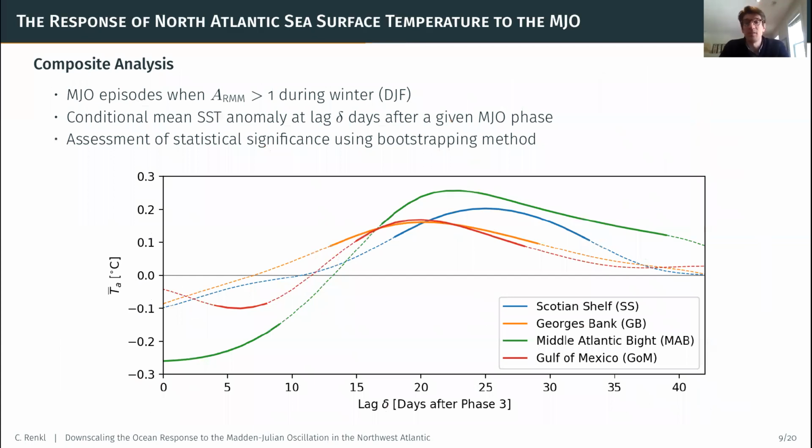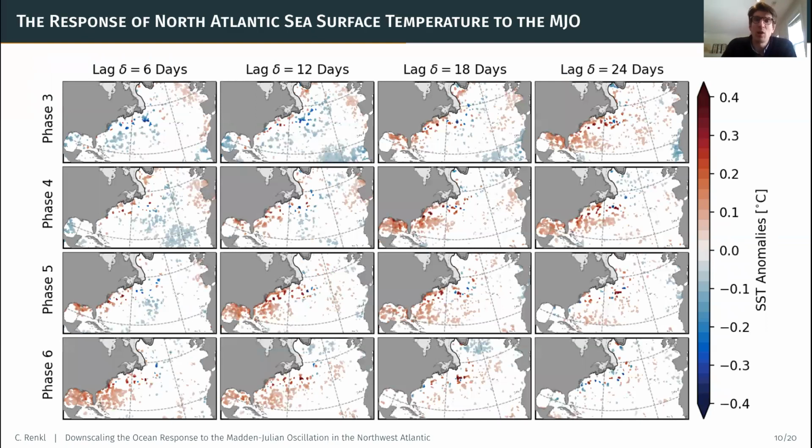So what that means is we have a first indication that the MJO is actually influencing the SST in the North Atlantic. If we now look at this in a little bit more spatial context, I'm essentially showing the same thing, but just for a map.